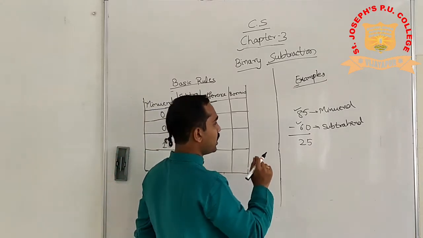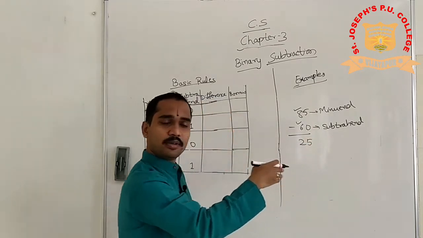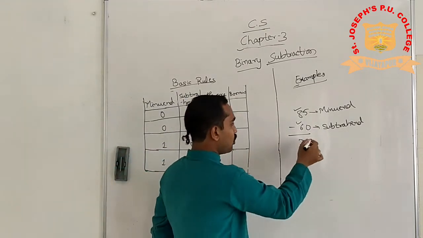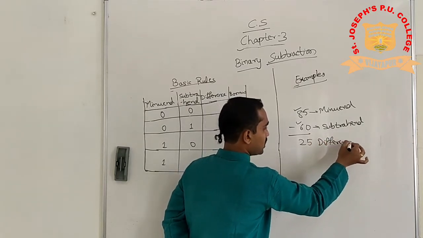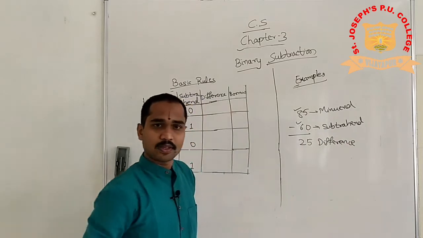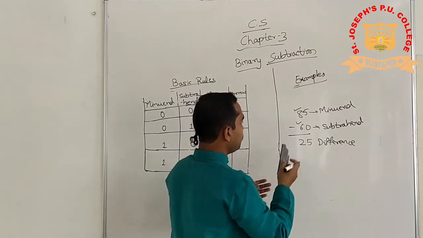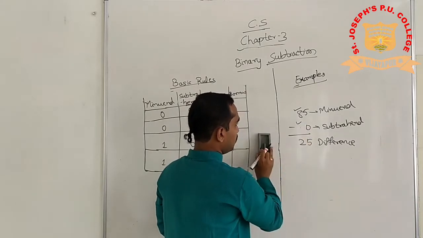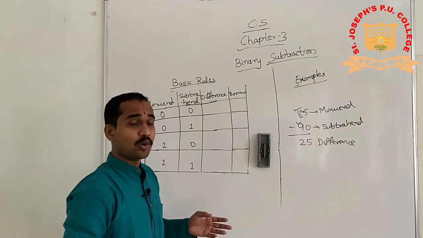And when you subtract, what you get is known as the difference, isn't it? But had it been like 85 minus 90, now what happens?